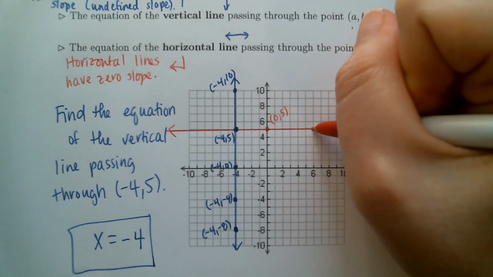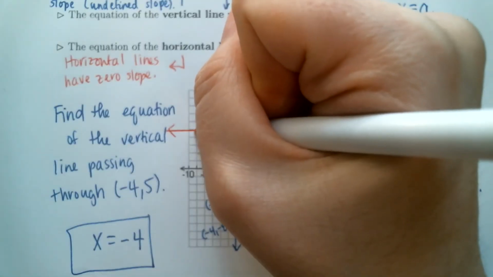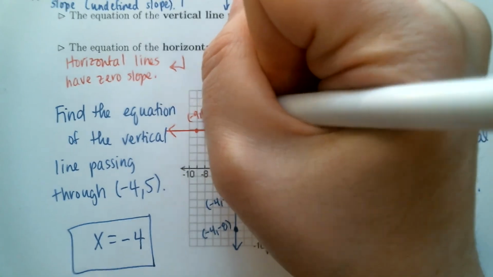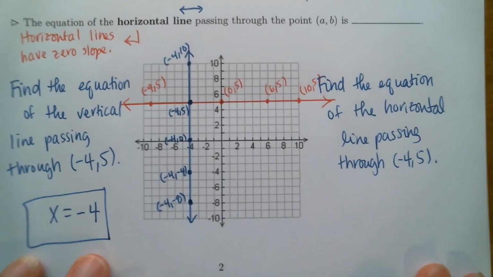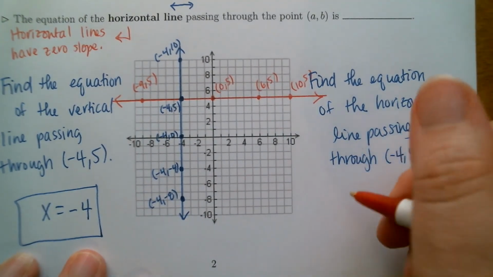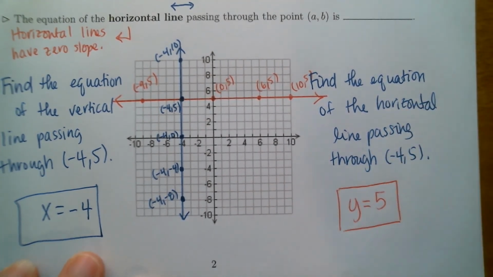This is 6, 5. This is -9, 5. I picked them at random. Look at what all these points have in common. They all have the same y coordinate. So the equation of the horizontal line is that y always equals 5 on that line.